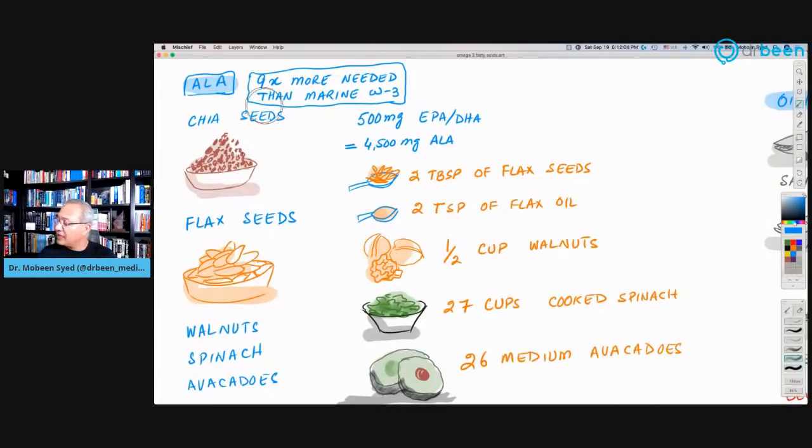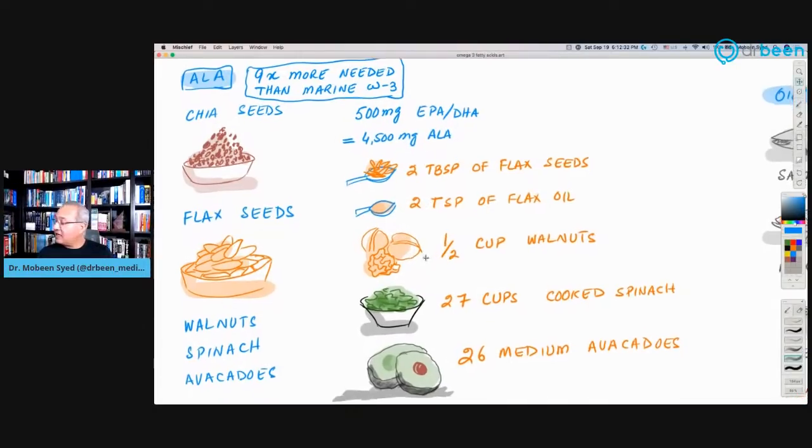If you are taking ALA because let's say you're vegetarian, then you have to take 9 times more amount compared to DHA or EPA. So for example, if you're going to take 500 milligram of EPA or DHA, then you need to have 4,500 milligram of ALA. So that is the potency difference.